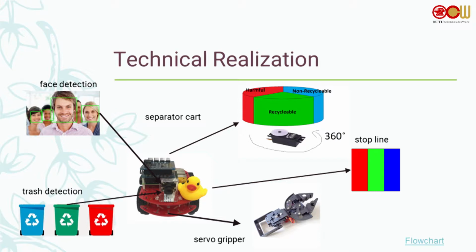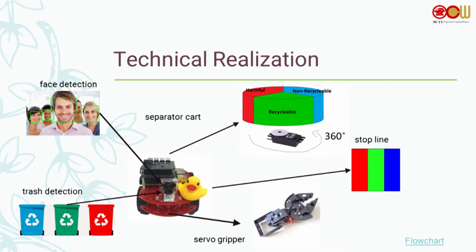And for the trash detection, you might wonder how we are going to separate the recyclable, non-recyclable, and harmful waste. In that case, we are scoping it down to using labels. We are going to label the objects with some markings. There are three markings: green for recyclable, blue for non-recyclable, and red for harmful waste.